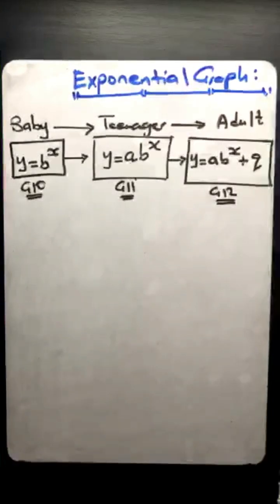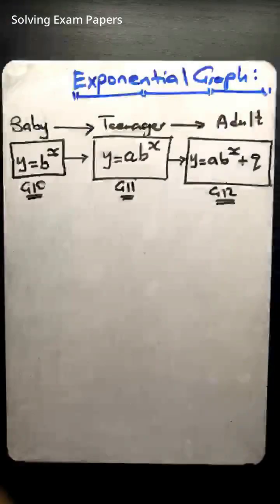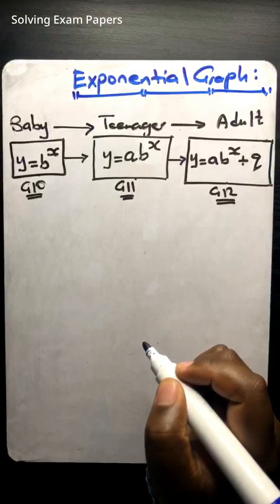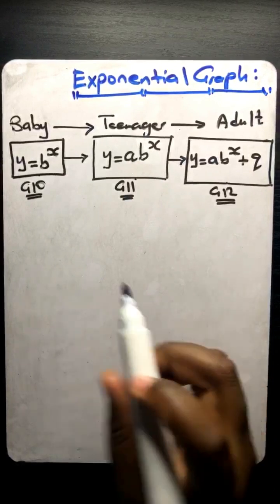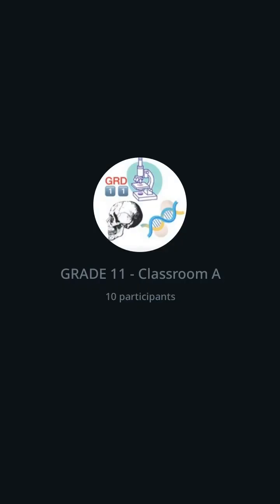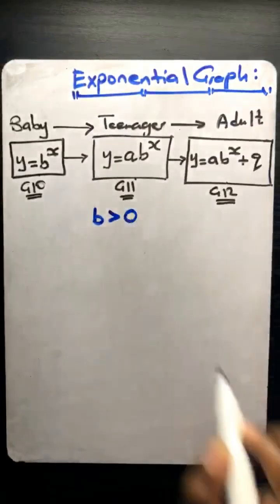Now let's start with the explanation. This is what happens under exponential graphs: your b value will always be greater than 0.